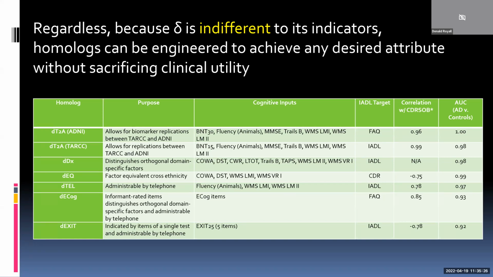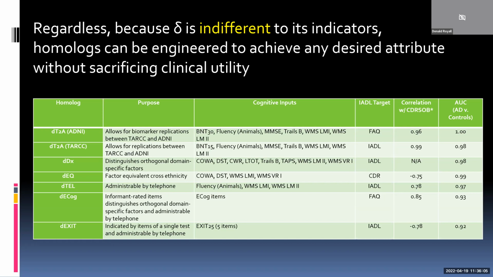DECOG is derived from items of the test of everyday cognition that Suzanne Farias in Southern California developed. And now you can get a D score and never ask the patient a question at all. You can do it from informant rated items, distinguishing different cognitive factors. And then the D-exit is just, we have the exit score, which I told you is strongly related to IDL, but the full exit takes about 15 minutes to do and has to be done in person.